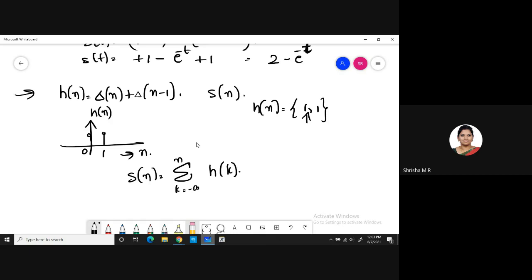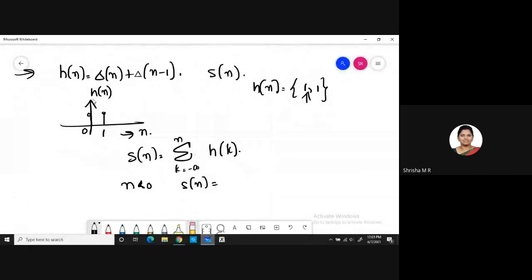So at n less than 0, what is the value of s of n? We don't have any value here, right? What is s of n? It is equal to 0. So if n is equal to 0, what is s of n?